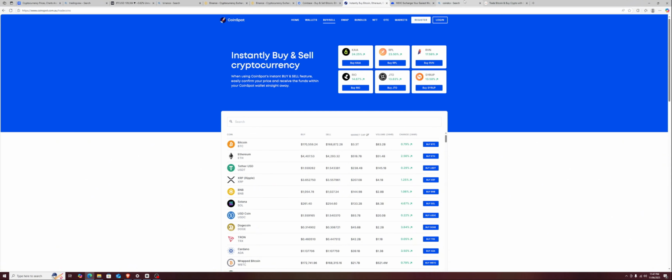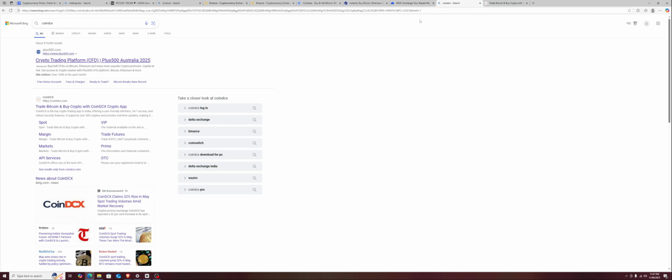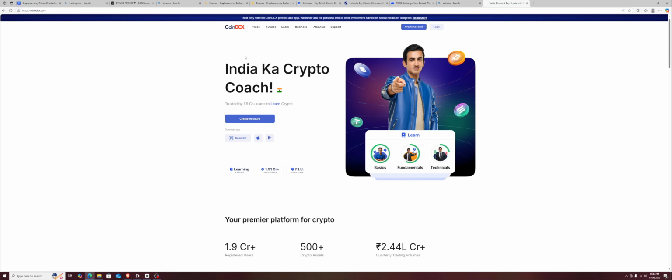Then you have CoinDCX. This is for the people who are based in India. I've used it personally. This is the easiest exchange that I've ever used, but it's not even about the fees. They have a restriction back in India that you cannot send your crypto to any other exchange from here.